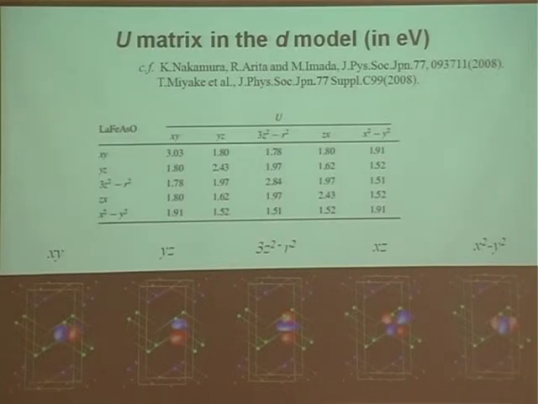And I also look at the matrix elements. So this is the U matrix for this material. These are the 1s orbitals for the different D symmetries. These are the T2G and this is the EG.